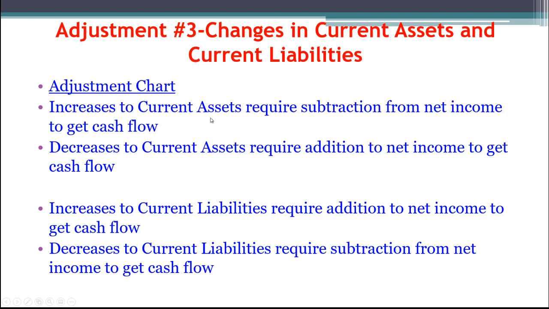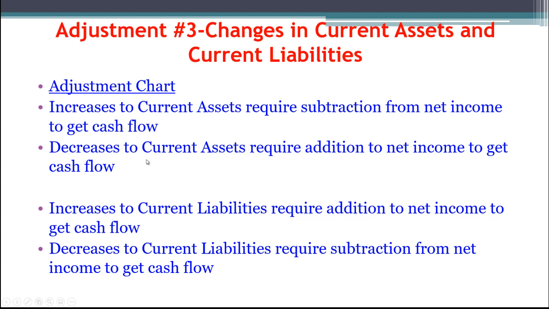If there was an increase to current assets, we have to do the opposite to back it out of net income. And I'll explain a few examples in just a bit. So increases to current assets result in a subtraction or a decrease from net income. Decreases to current assets require an increase to net income to get this cash flow.